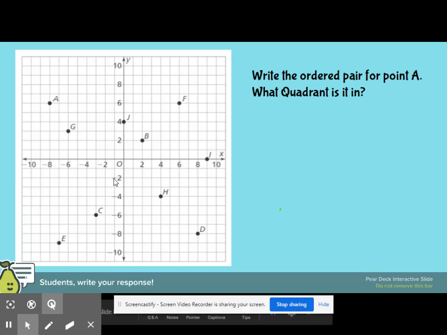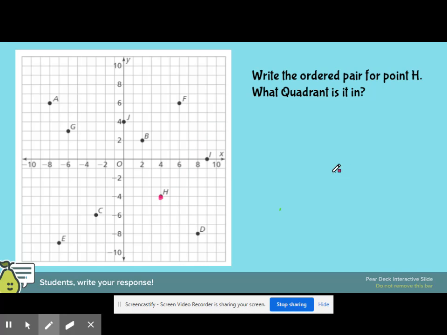Okay, here's the next one. Find the ordered pair for H. And tell me what quadrant that is in as well. Make sure you have parentheses separated by a comma. H is over 4. It's over positive 4. And then I went down negative 4.